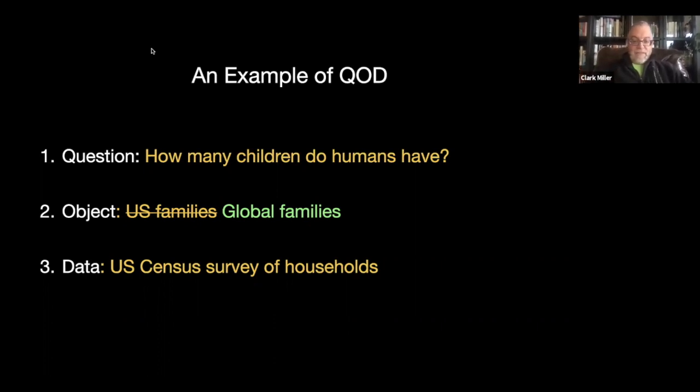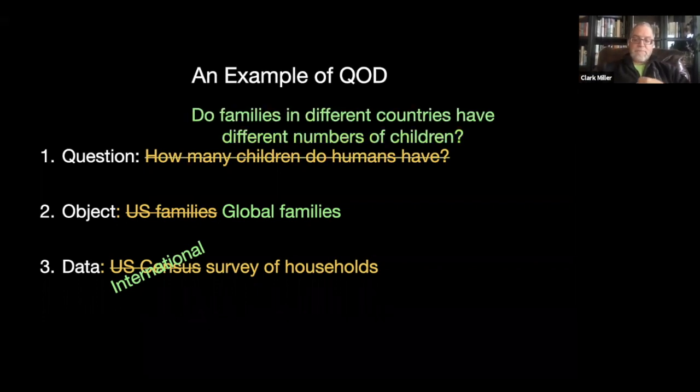And obviously, we can no longer use the U.S. Census survey of households to give us an answer to this question because it doesn't provide us with data about global families, right? And so we have to do some sort of different data collection exercise. So we need an international survey of households in order to answer the question of how many children humans have, where our object of study is now global families, right?